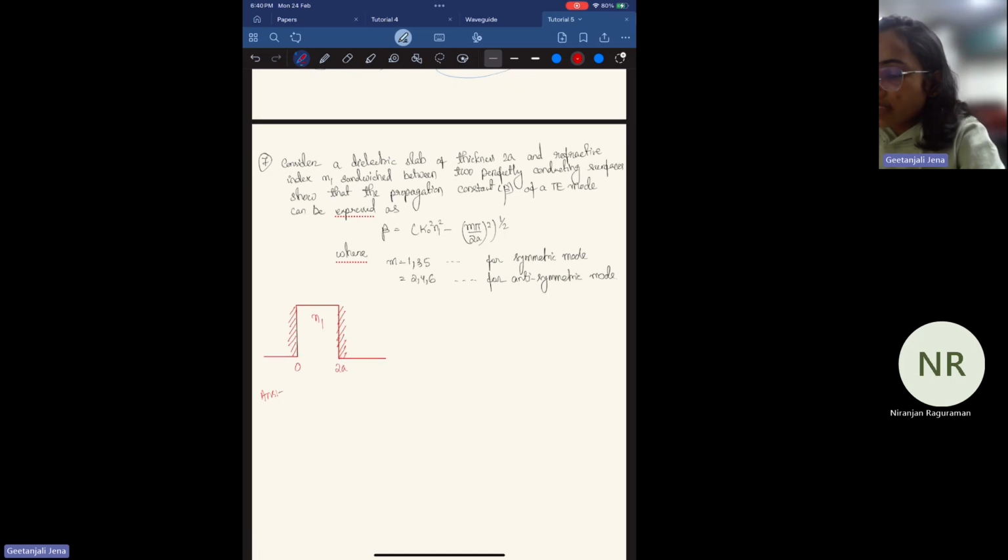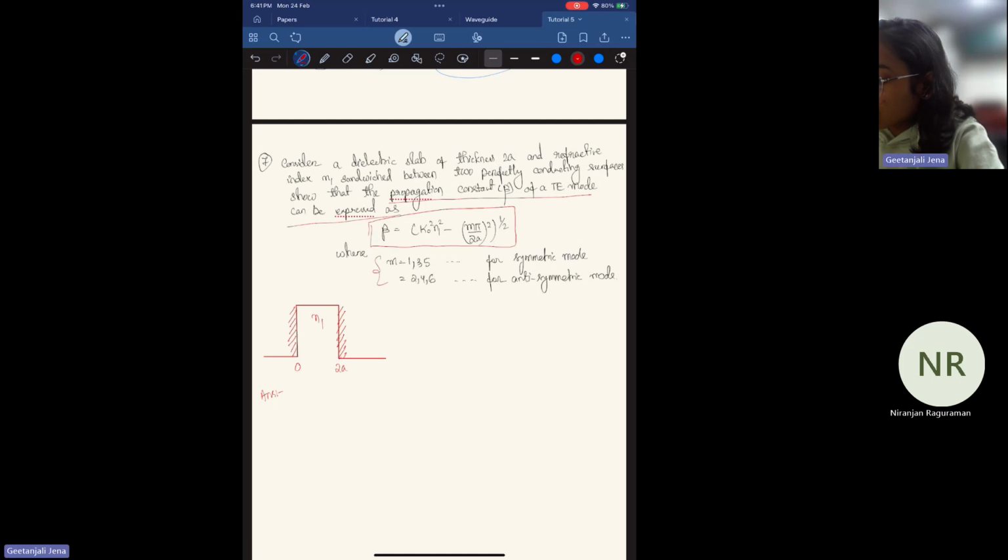Consider a dielectric slab of thickness 2a and refractive index n1 sandwiched between two perfectly conducting surfaces, so that the propagation constant beta of a TE mode can be expressed as beta equals this value.